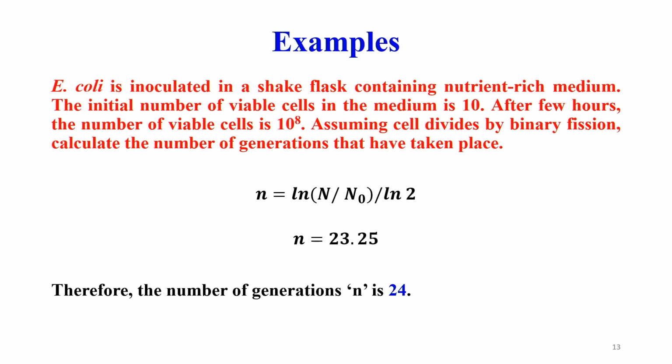One more example we can see. E. coli is introduced in a shake flask containing nutrient rich medium. The initial number of viable cells was 10, N naught is 10. After a few hours, the number of viable cells is 10 to the power 8.